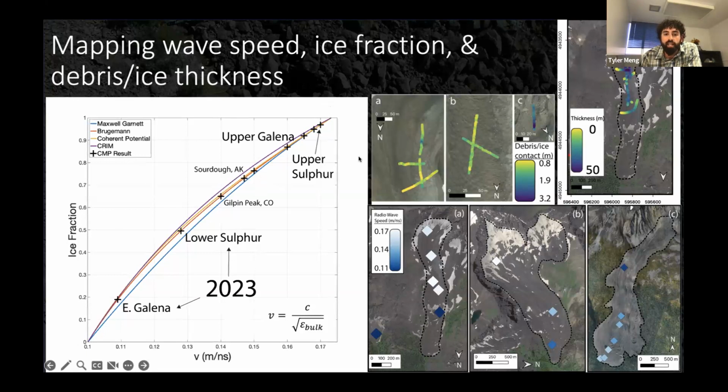So by plotting each of our study sites along this plot, we show our relationship between our measured velocity and ice fraction. In doing this system of equations method where we combine our antenna configurations, that gives us a more confident estimate of both the geometry and the composition of our rock glaciers.